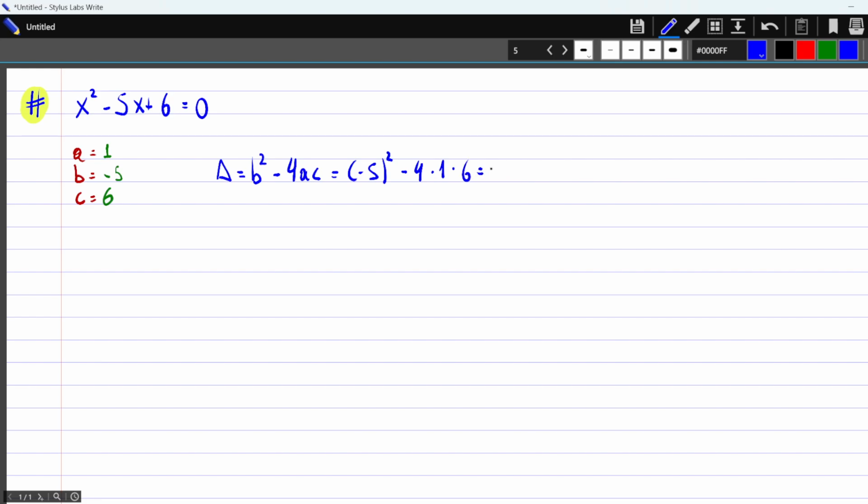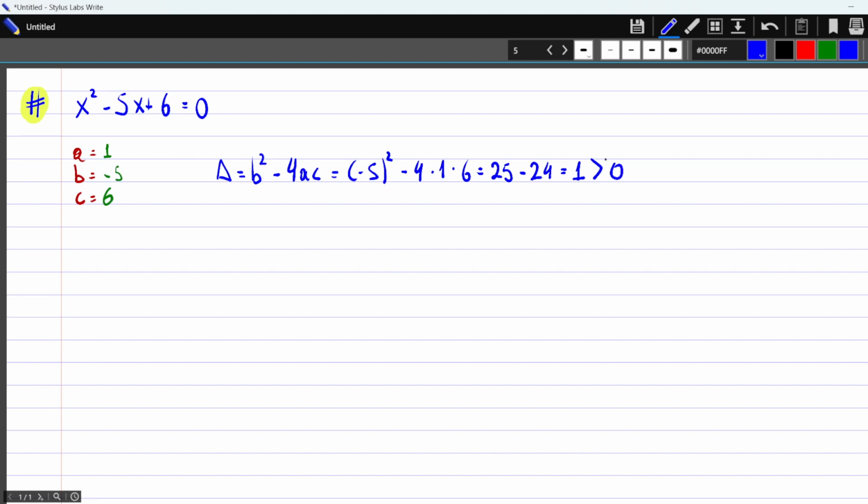Minus 5 squared is minus 5 times minus 5, which is 25, minus 24, which equals 1, which is greater than 0.